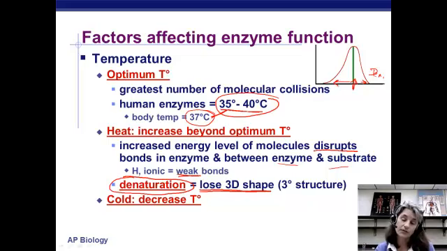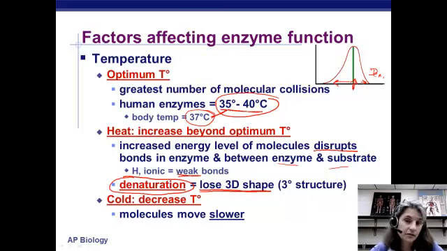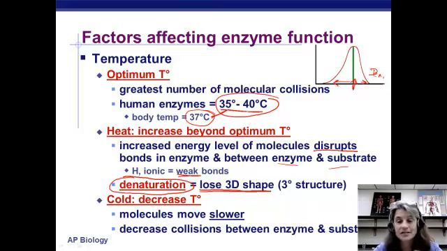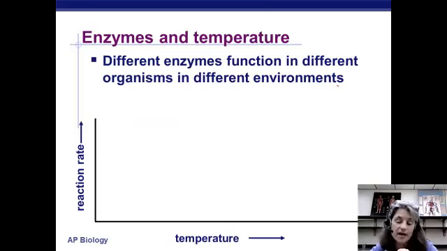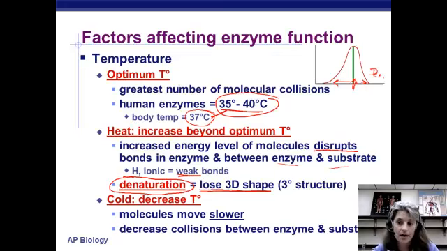But what cold does do is it reduces the number of collisions, because we're going to lower the kinetic energy of the molecules and they're not going to bump into each other as often. So I'm going to make my molecules move slower and therefore decrease the number of possible collisions between the enzyme and the substrate, and then that is going to lower my reaction rate.